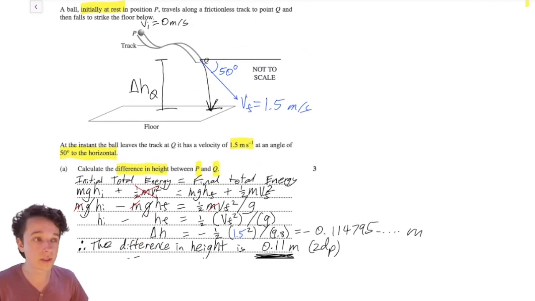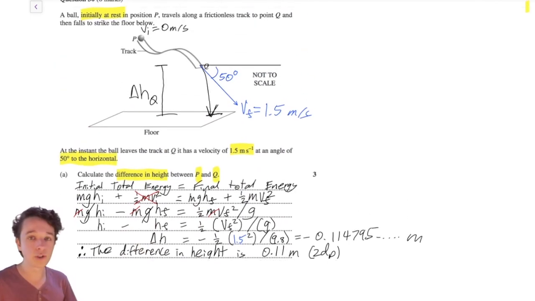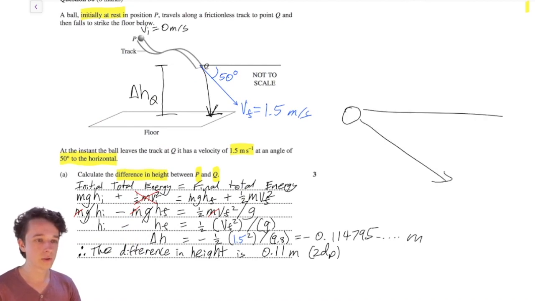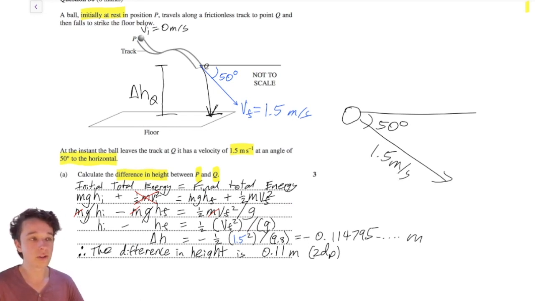So we're going to be viewing this as a pretty standard projectile motion question, right? You've just got some ball that's been launched at 50 degrees below, this is a pretty crude drawing, but 50 degrees below the horizontal, and you've been given the magnitude of that velocity, and now you have to use that information to find the displacement from its initial position to some point, the floor in this case, right?